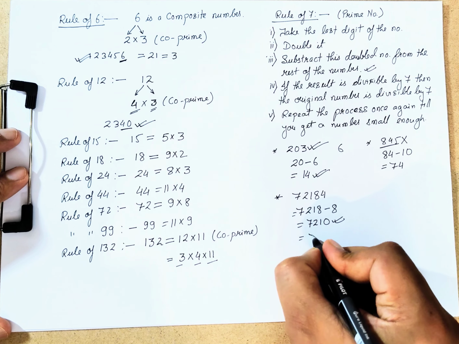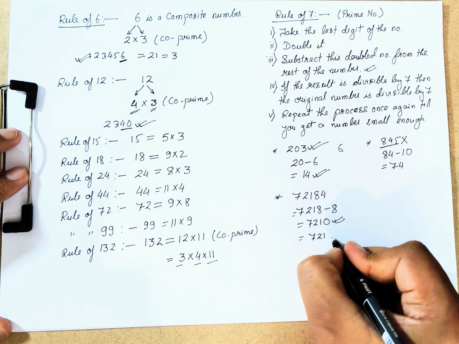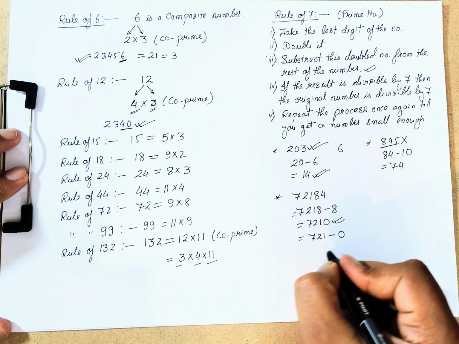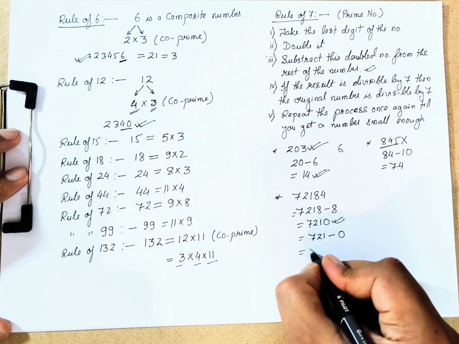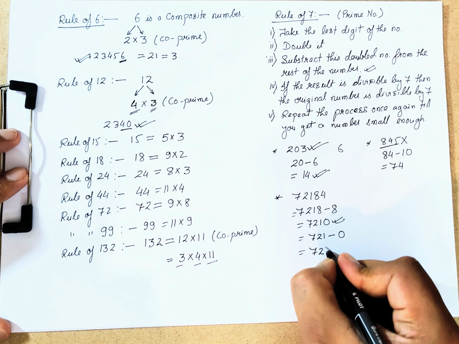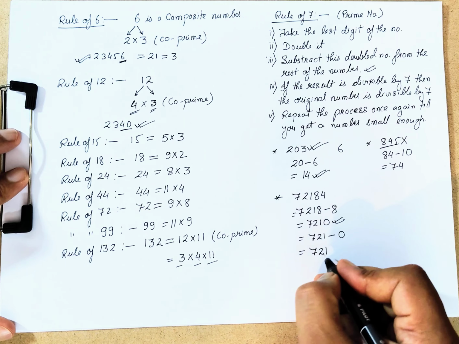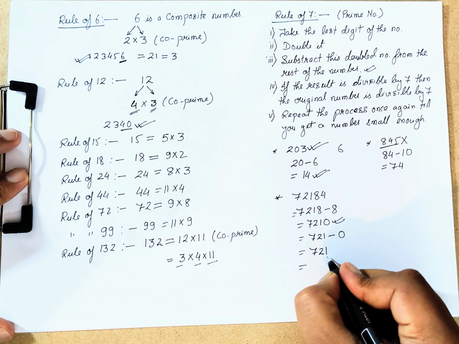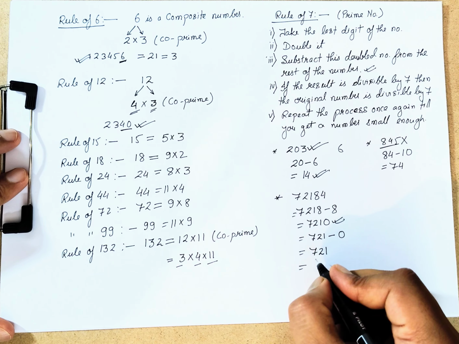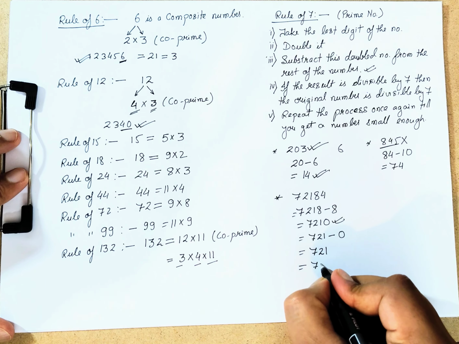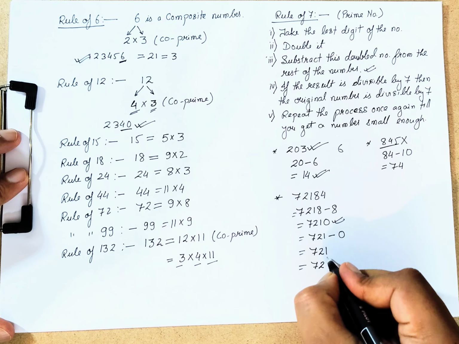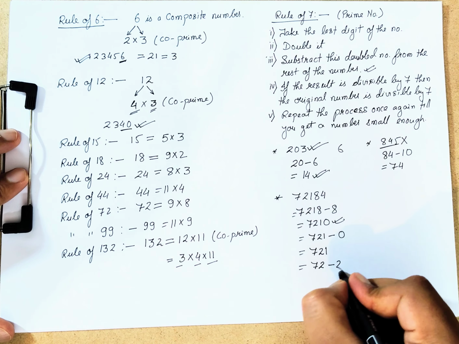What can we do? 721, double of 0 is 0 only. So we get 721. Say 721 is still large enough. What can we do? Take the last digit, double it and subtract it from the remaining number. Remaining number is 72. Double of last digit is 2.